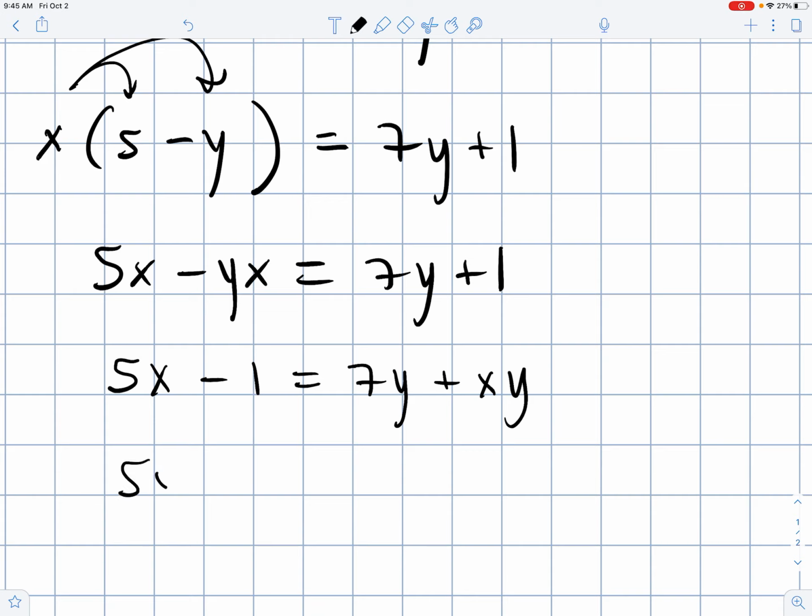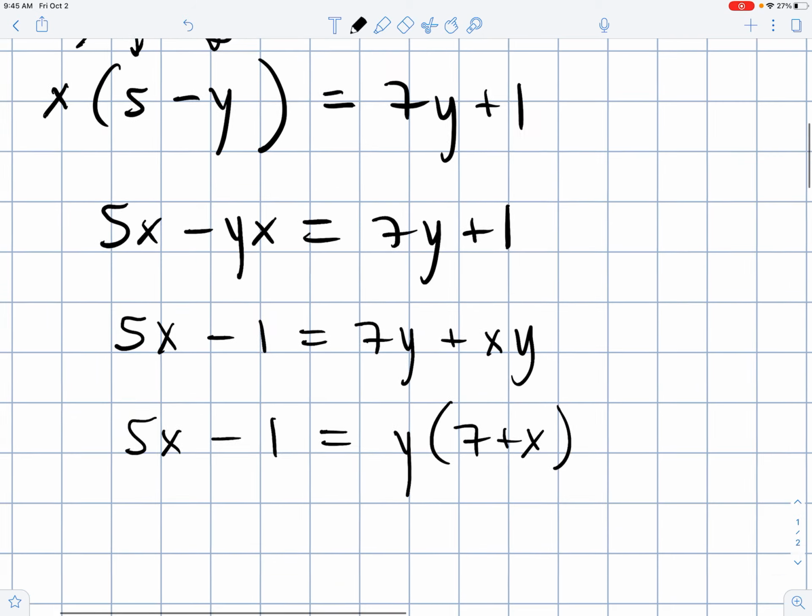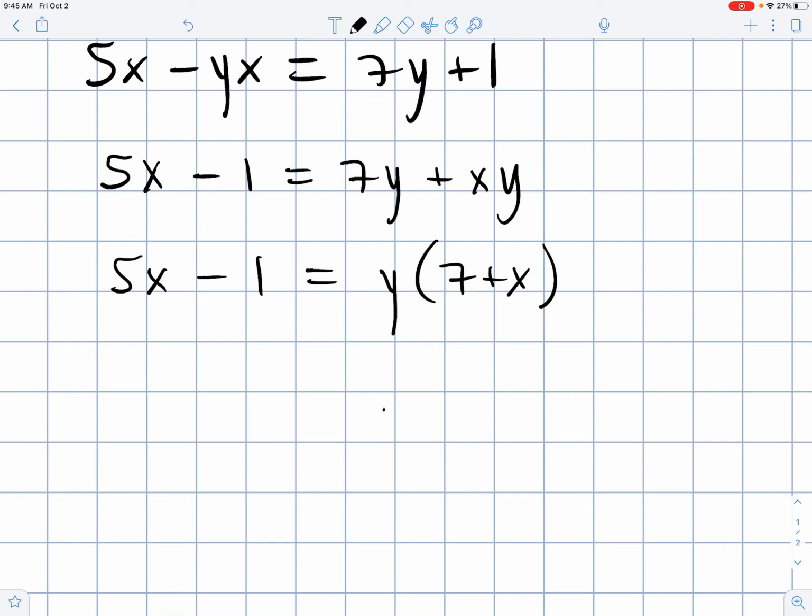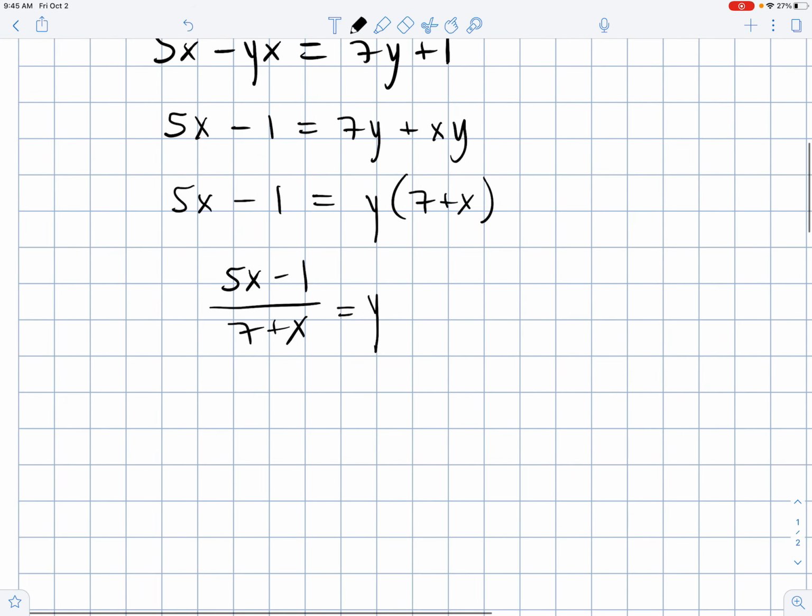So now on the right-hand side here, I can factor out a y. And I end up with y equals (5x minus 1) over (7 plus x). So that is our equation for f inverse.